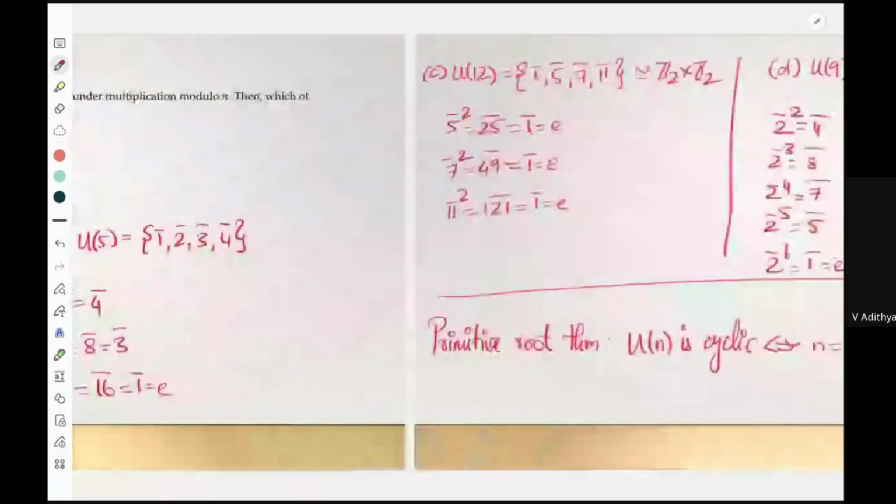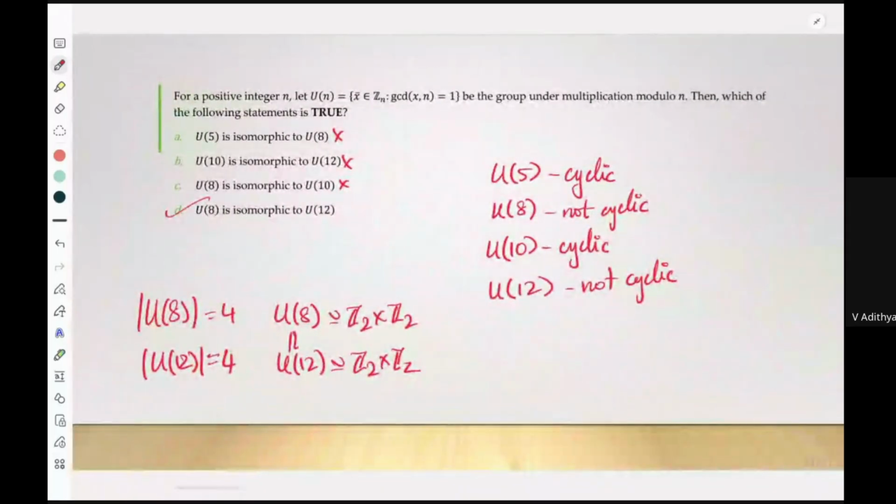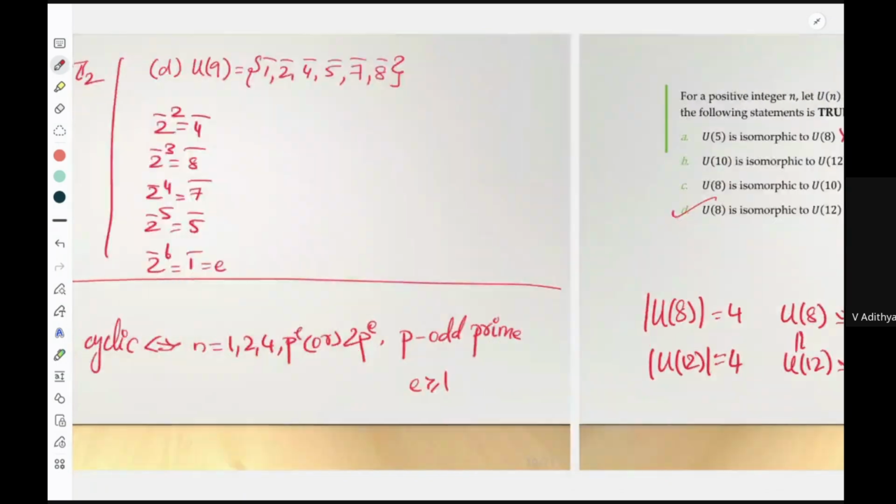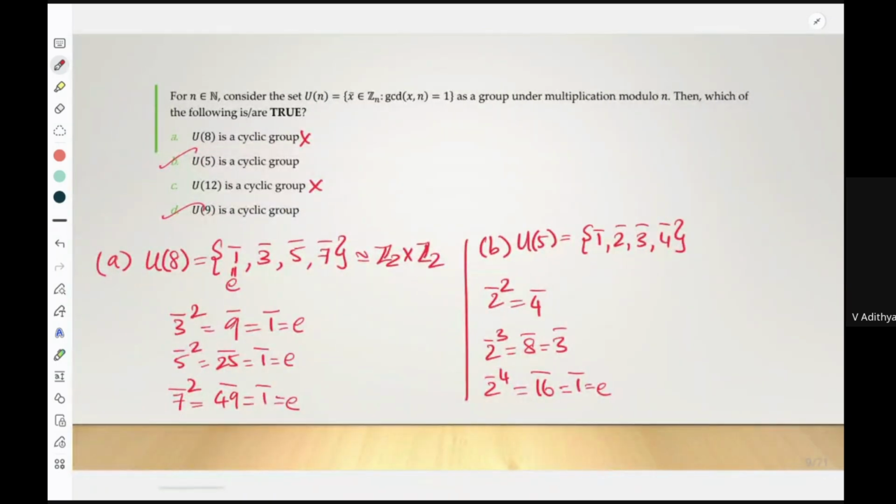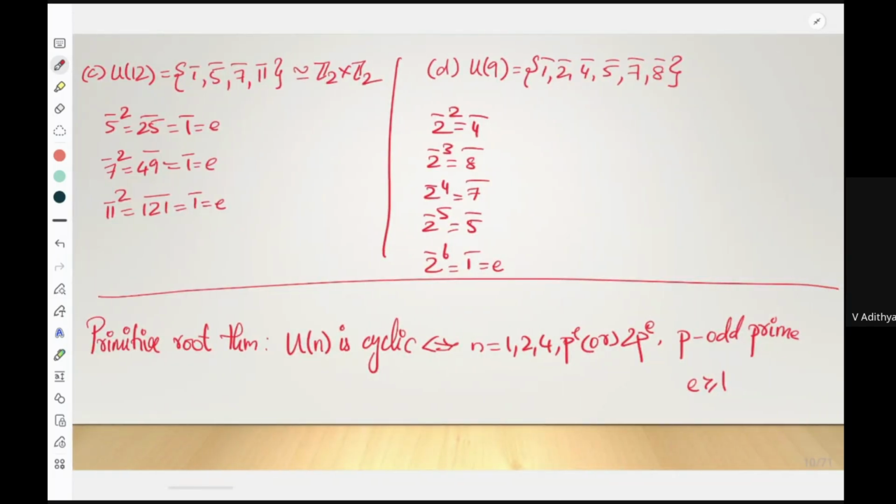The first part was to check whether U of n is cyclic. This is where I gave the primitive root theorem, a very important theorem: U of n is cyclic if and only if n is of the form 1, 2, 4, p power e, or 2 times p power e, where p is an odd prime.